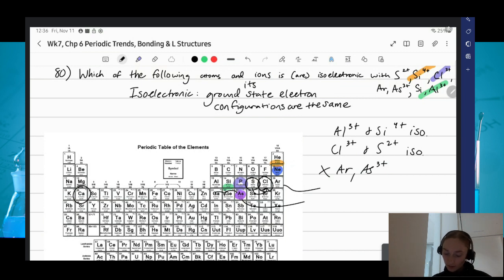And I believe one more is not as well. Which one is it? Yeah, the silicon with no charge is not isoelectronic.